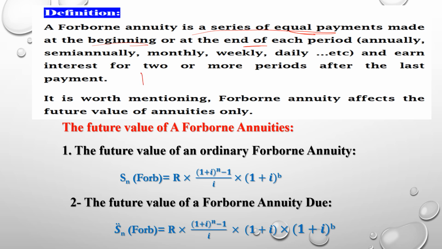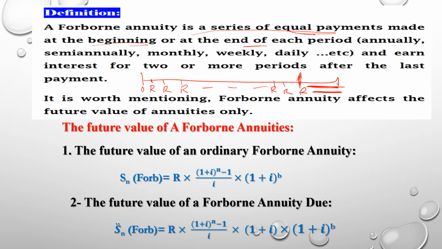We can draw this type. So this is 0, and this is the first payment, the second one, the third one, and so on until we reach the last payment. So this is the last payment, and we have here the period that the annuity earns interest for this period.